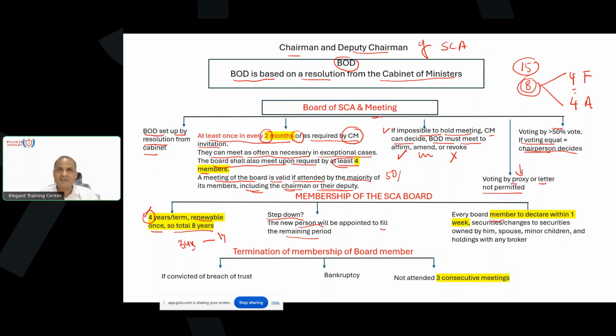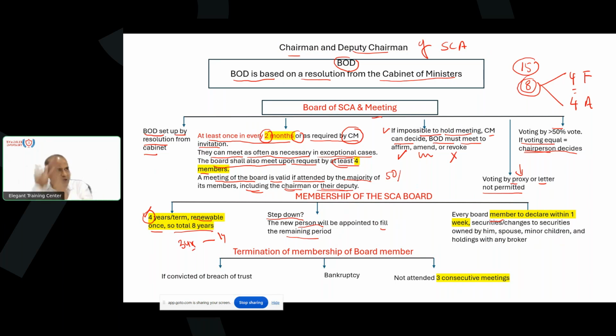After serving 3 years, I am stepping down, meaning I am resigning. Clear? The remaining 1 year can be filled by a new person, right? The new person to fill the gap is only for the remaining period, right?